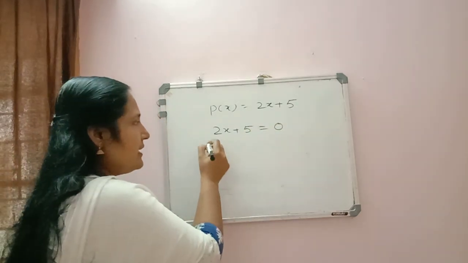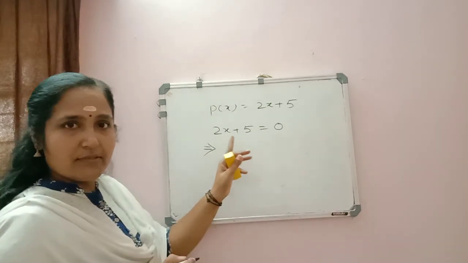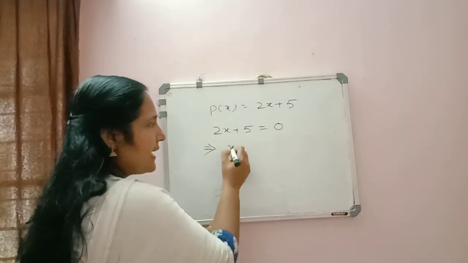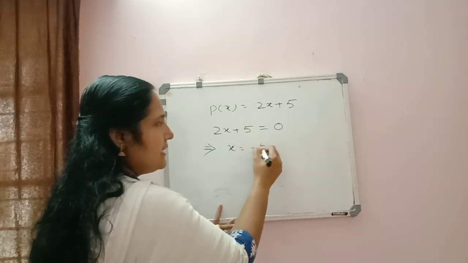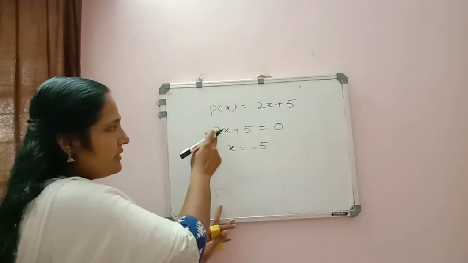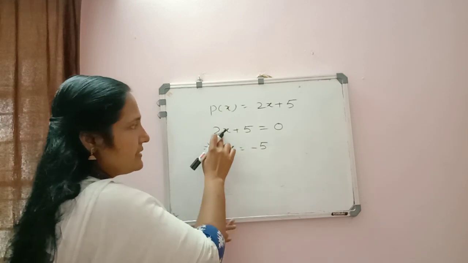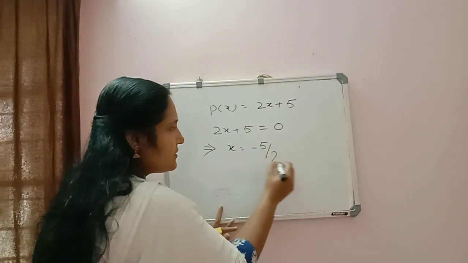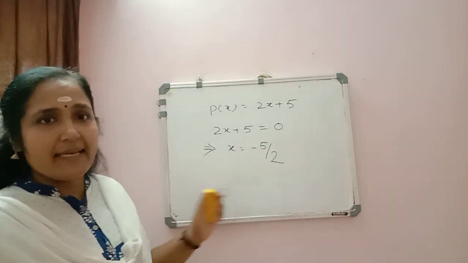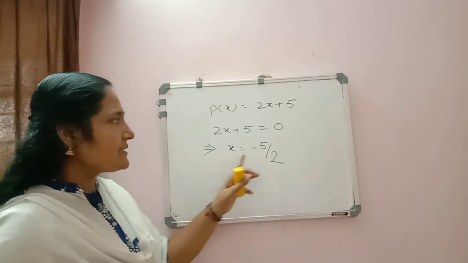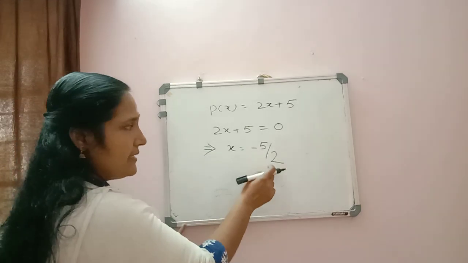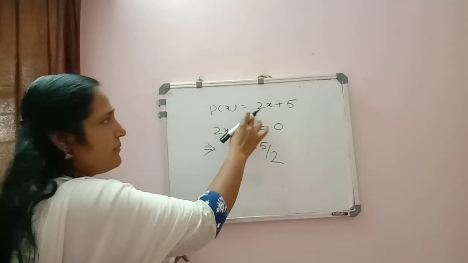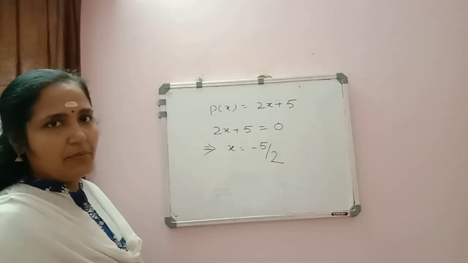And then we are finding the value of x using the transposition rule. x is equal to, first plus 5 will move to the right hand side, it will become minus 5. Then we will shift 2 to the right hand side, 2 is multiplied by x, so when you change the position, it will get divided. Then we will get x is equal to minus 5 by 2. We will say minus 5 by 2 is a zero of the polynomial p of x is equal to 2x plus 5.